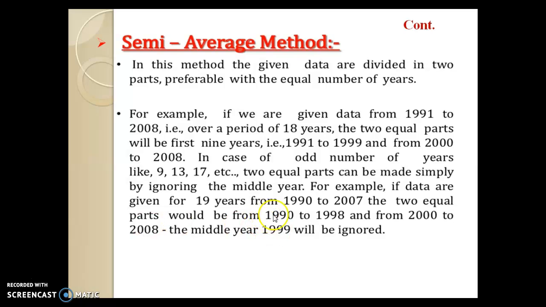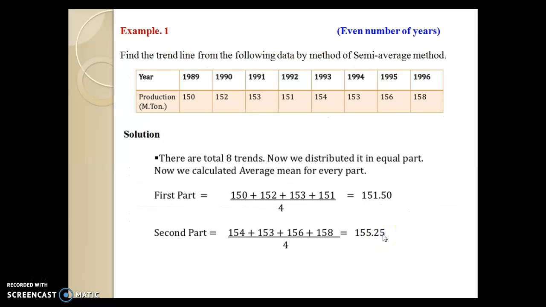The middle year, 1999, will be ignored. This is the example for the semi-average method.